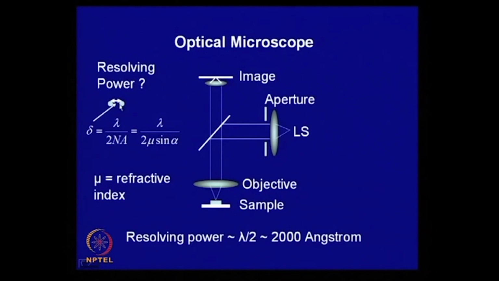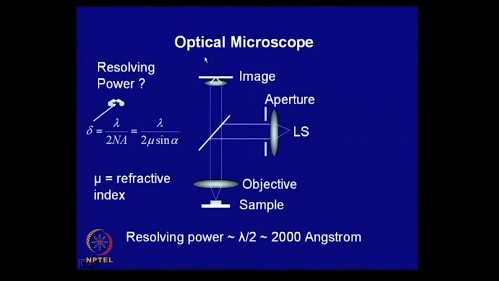Suppose this point and this one, can we resolve them clearly? We will see them as distinct points, and this distance, lambda, is a function of the wavelength that we use to examine the microstructure.